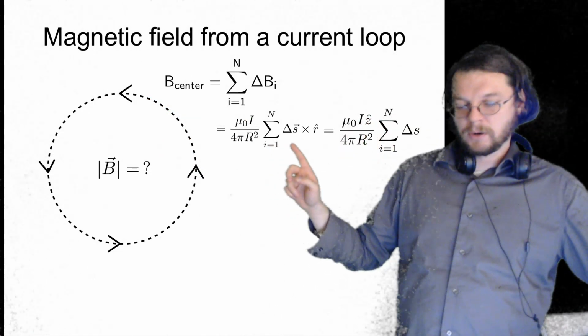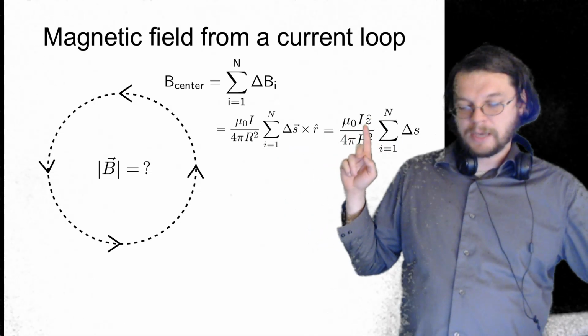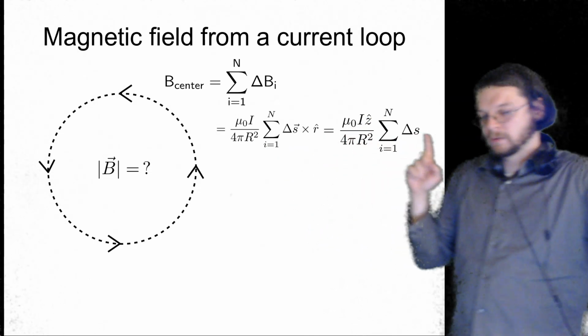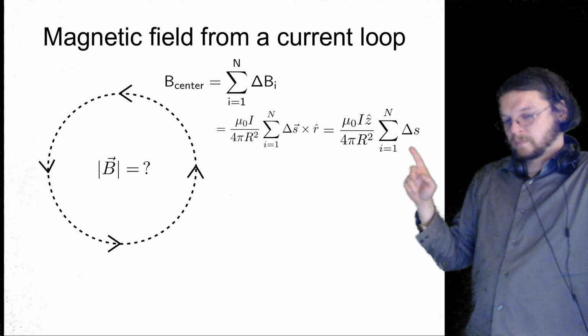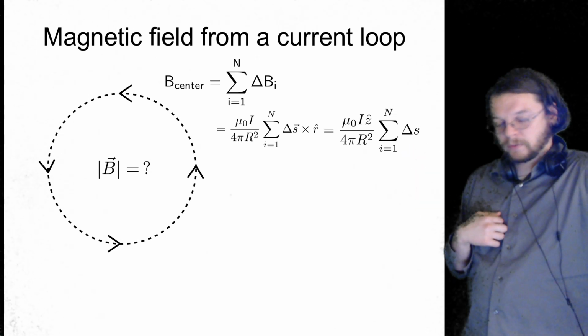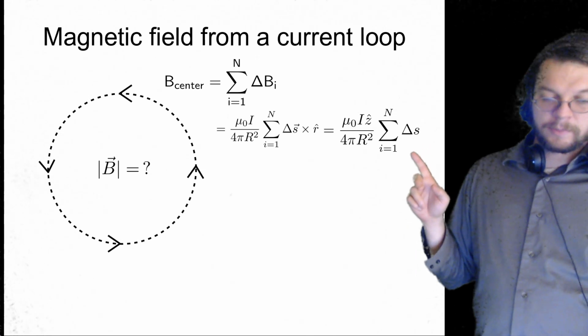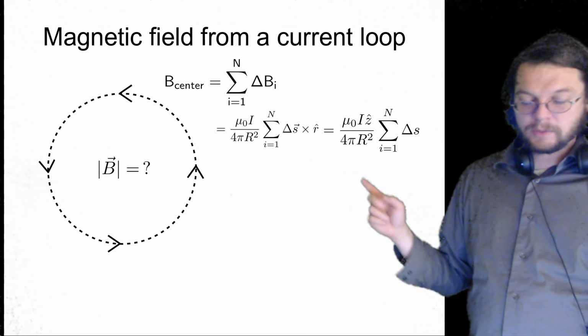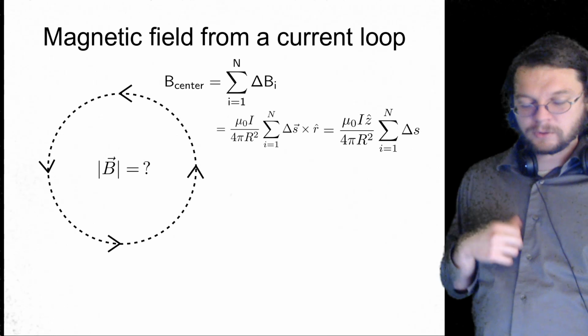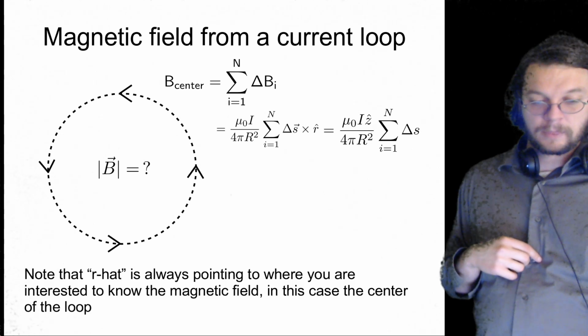So again, I've turned this crazy looking thing into a z hat, and then I have a sum over each little length of each wire. This part is actually pretty simple, because we know that the length of each chunk of wire is 2 pi r over n.